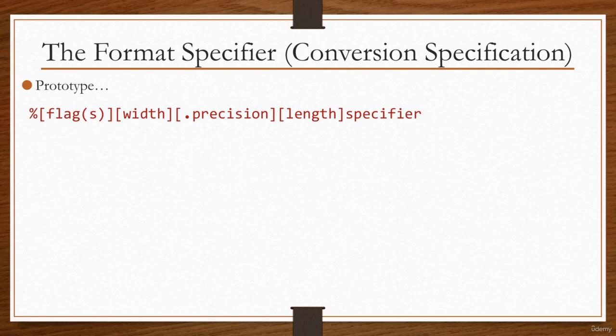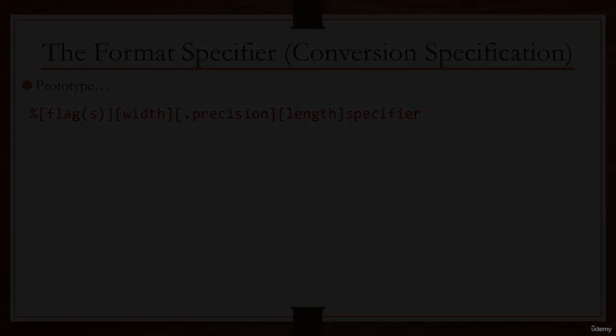That is followed by the dot operator and the precision for floating point, and then followed by the length. Now the length is basically, let's say you have a long int or a long long int, then you can provide L for long int or LL for long long int, and that is followed by the specifier, so S for string of characters, C for character as I mentioned, D or I for decimal integers, and so on. I will reference some documentation at the end of the lecture.